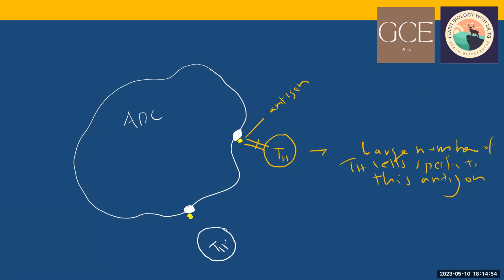So it can also recognize the same complex as the T helper cell. There is no difference here now. T helper cells and T killer cells look the same and are very similar. Their receptors are like this. They can do the same function: recognize the antigen presented by the antigen presenting cell.